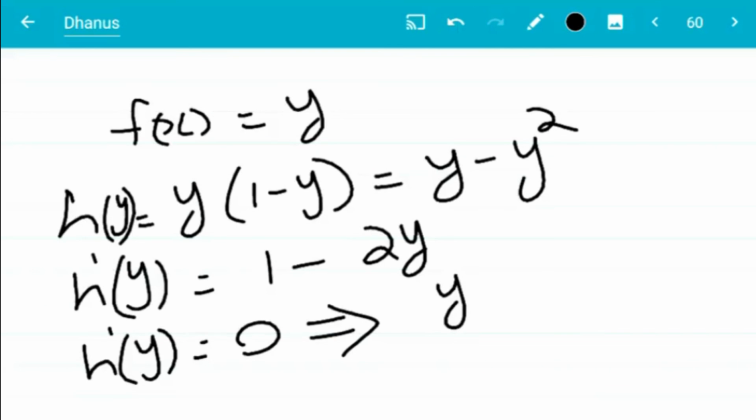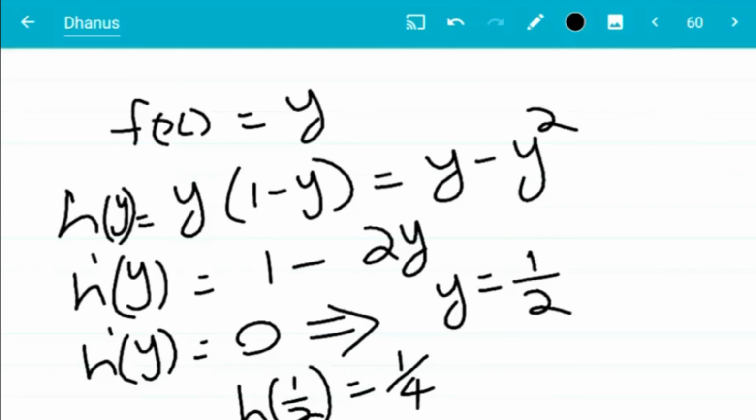And h of 1 by 2 equal to 1 by 4. h double dash of y is equal to minus 2, and h double dash of y at 1 by 2 will again be minus 2, that is negative.